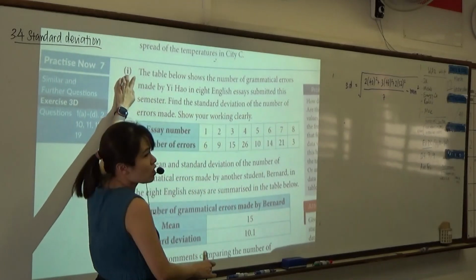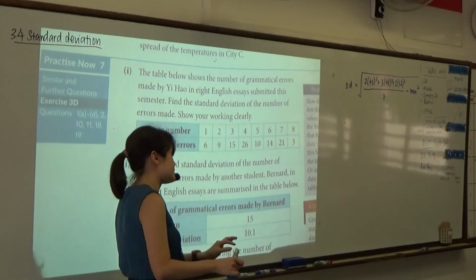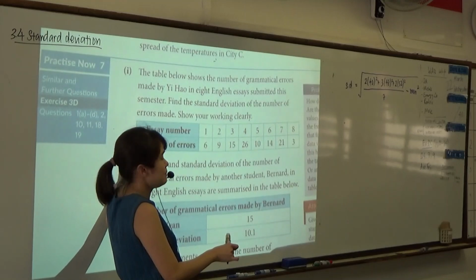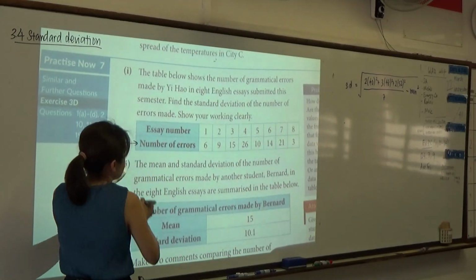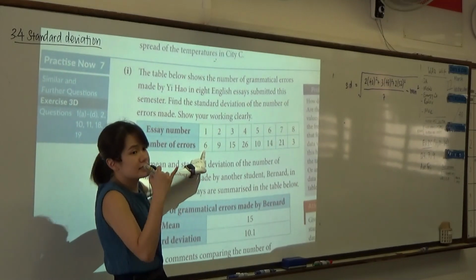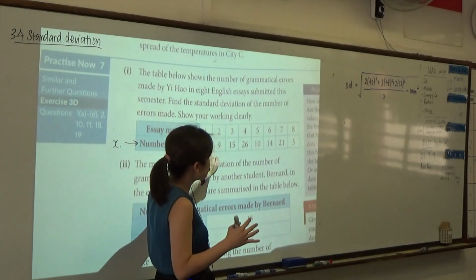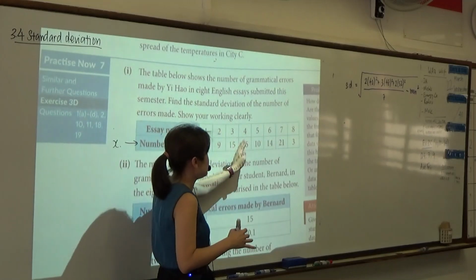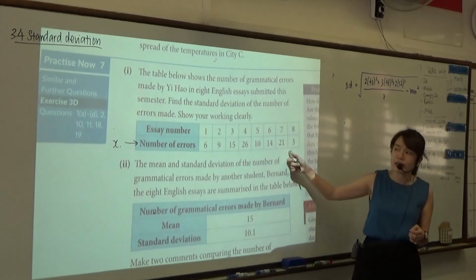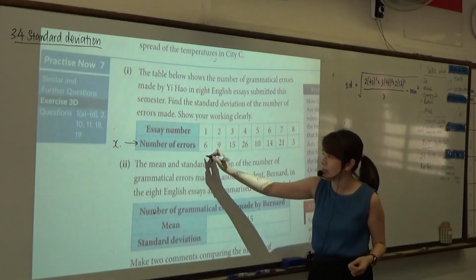The question is talking about the number of grammatical errors, so the data value, your x itself, should be the number of errors. Because in essay number 1, there are 6 errors. In essay number 2, there are 9 errors. So the data values are actually 6, 9, 15, 26 and so on to 3. And the frequency of each data value, in this case nothing is repeating, so actually the frequency is 1 each.